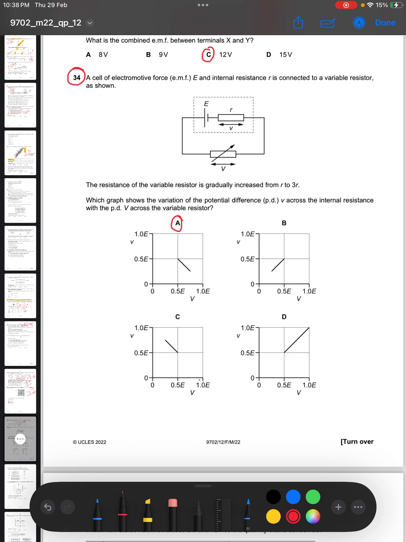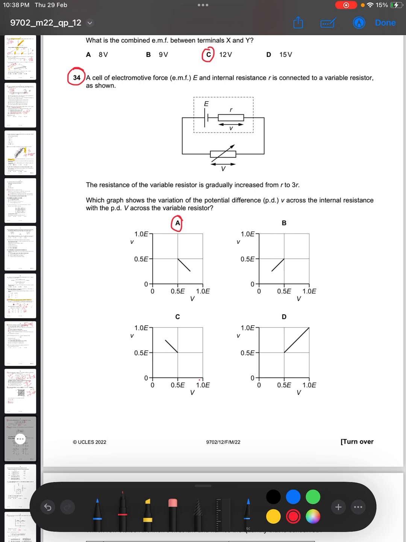Now you must understand that the potential difference across the variable resistor plus the potential difference across the internal resistance, they are the only two resistors in the circuit, so the potential difference across both of them should add up to the EMF, whatever the case.